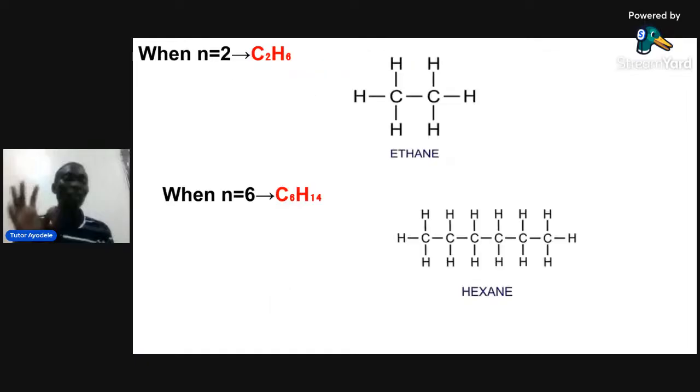Now you can see the example of an alkane here, with single bonds in between the carbons. That's not where I'm going; all these are just an explanation of what we have said.